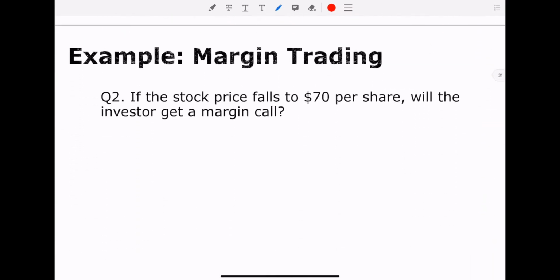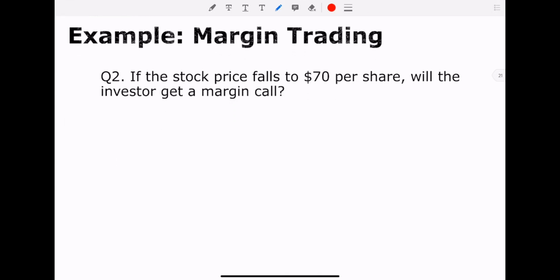Okay, now let's see the second question. If the stock price falls to $70 per share, will the investor get a margin call? This is actually important. When you're buying on margin, you really want to know when you will get a margin call, or at a certain price, whether you will get a margin call or not.